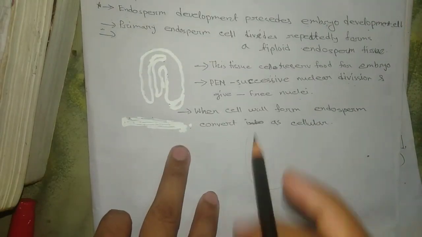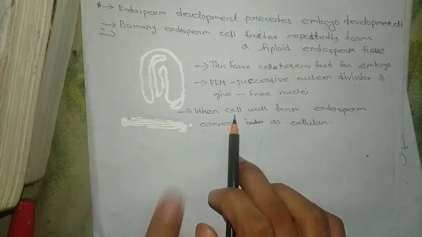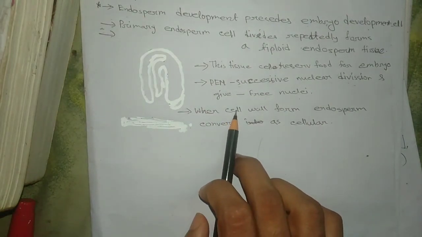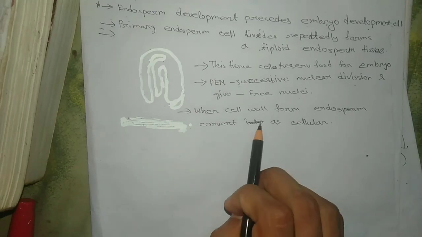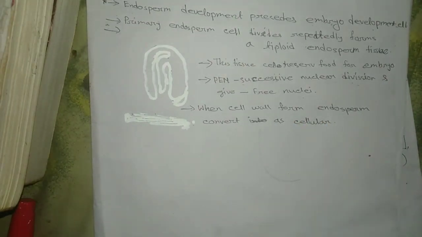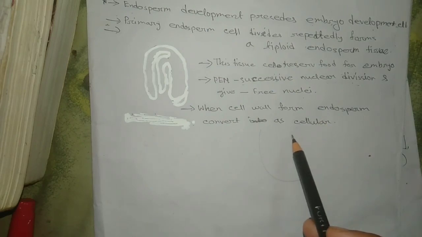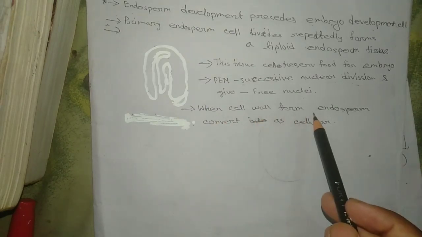When a cell wall appears, the endosperm converts to cellular.